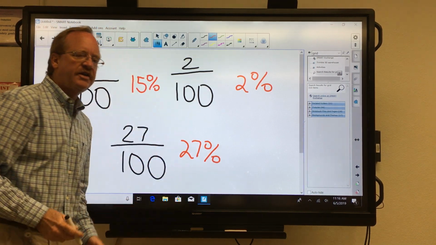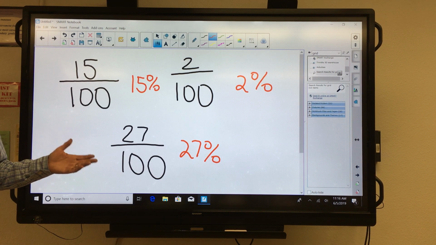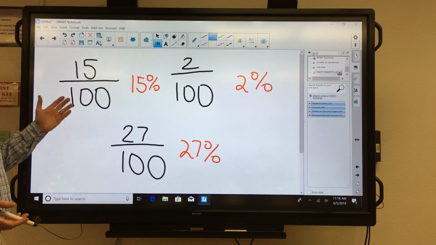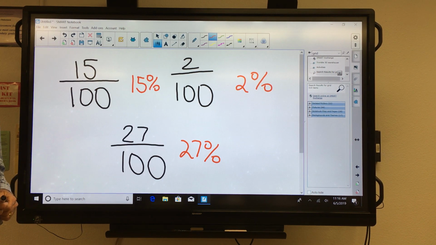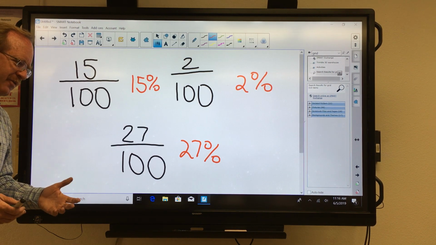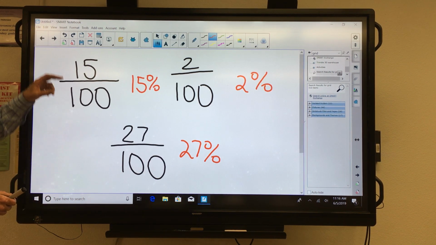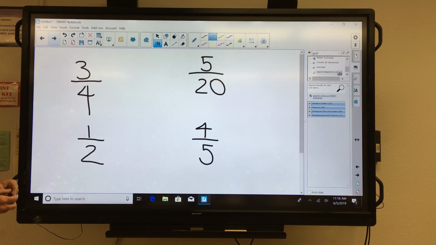And you can do that all day. 36 over 100, 36%. Any number over 100, that's the percent right there. So that's really easy. Now, you may ask me, okay, Mr. Steinway, that's great, but what if it's like 4 over 8 or 5/6 or something like that? Well, there's a way to deal with that.